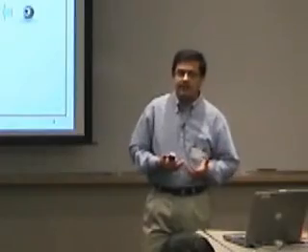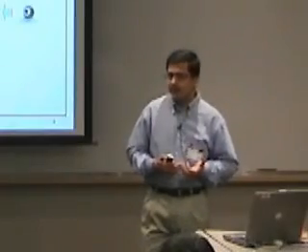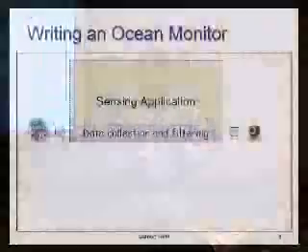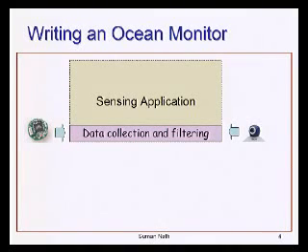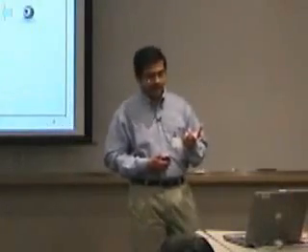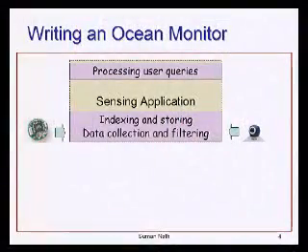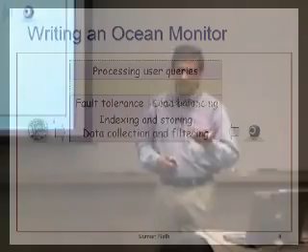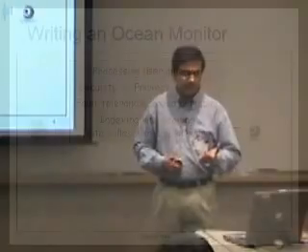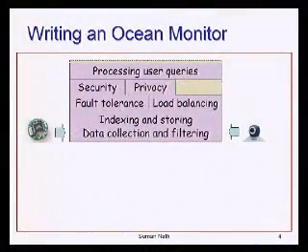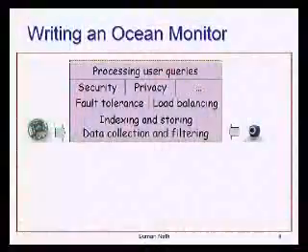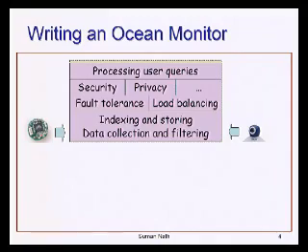But we actually haven't seen a lot of applications on top of that. I believe that it's mainly because writing an application on top of sensors is very difficult. For example, writing an ocean monitor requires mechanisms for data collection and filtering, for indexing and storing that data, for processing users' queries on that data, and a lot of other distributed systems issues like fault tolerance, load balancing, security, privacy, and so on. This is a very complex task.